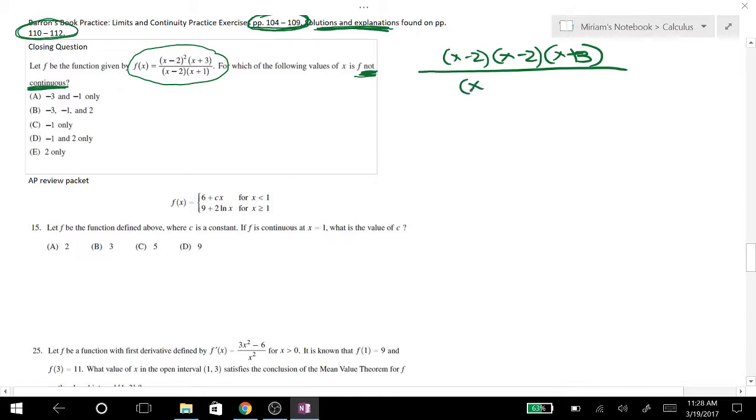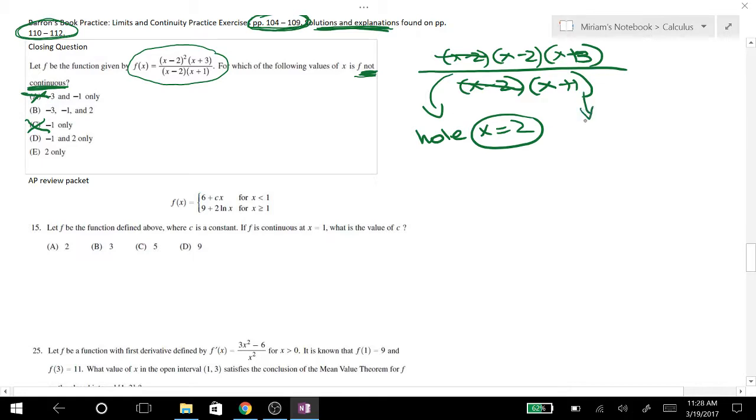And I have an x minus 2 at the bottom and x plus 1. Okay, so I can see I have a common factor, x minus 2. I can cancel the common factor. That gives me a hole at x equals 2. Okay, so I know 2 is a problem, so I know my answer should have a 2 in it. I'm going to eliminate some choices. So I eliminated A, eliminated C.